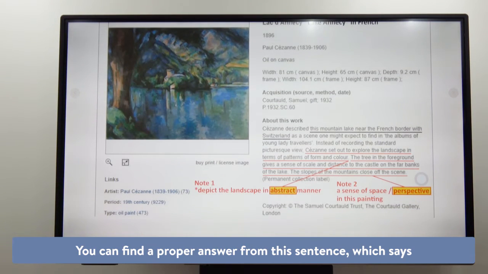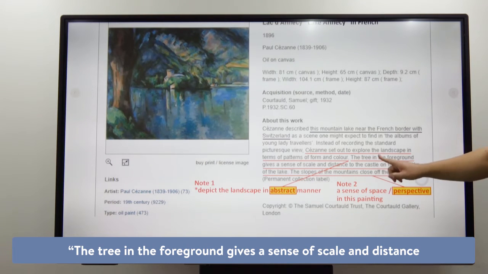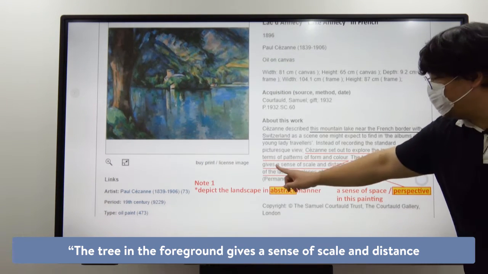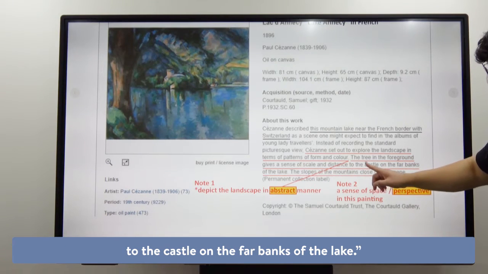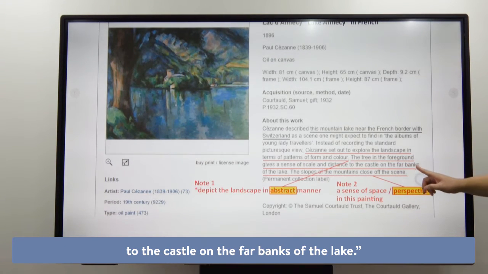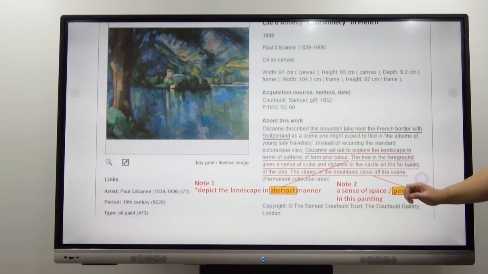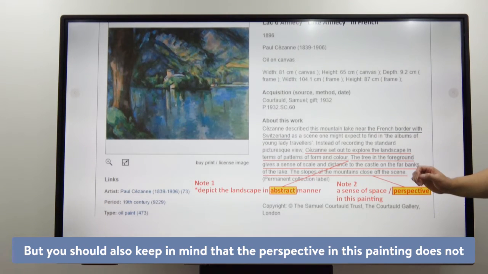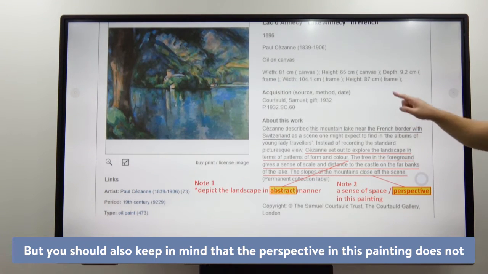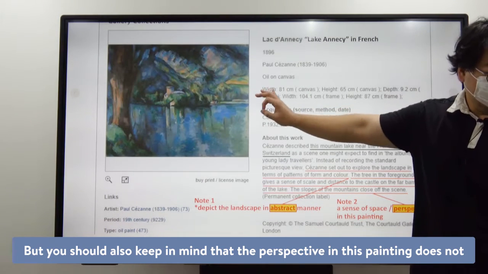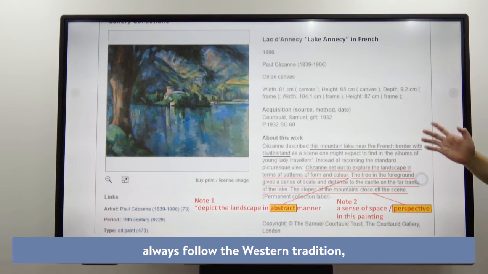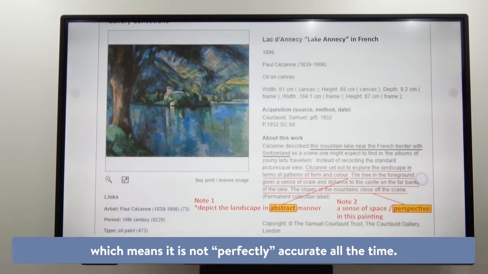And you can find the proper answer from this sentence, which says, the tree in the foreground gives a sense of scale and distance to the castle on the far banks of the lake. But you should also keep in mind that the perspective in this painting does not always follow the Western tradition, which means it is not perfectly accurate all the time.